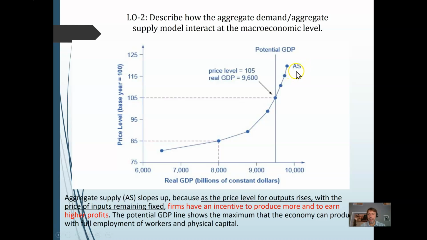They put the word aggregate in front of it. So you'll start seeing these letters that feel more confusing. This is a supply and demand curve, just as you've seen in any other of my lectures or any other economics class you've taken. But now we're talking aggregate.